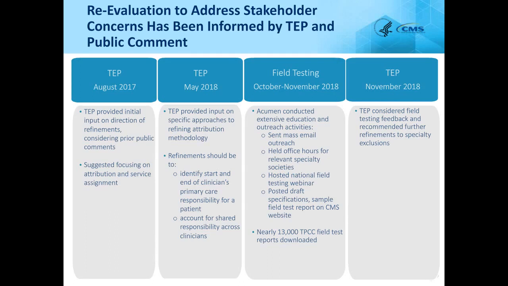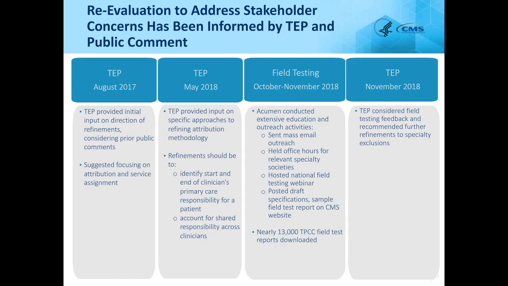In May 2018, we asked the TEP to focus more specifically on attribution, since the total per capita cost measure is by its nature a measure concept that's focused on total costs. But we did focus on their feedback to revise attribution in a number of ways.